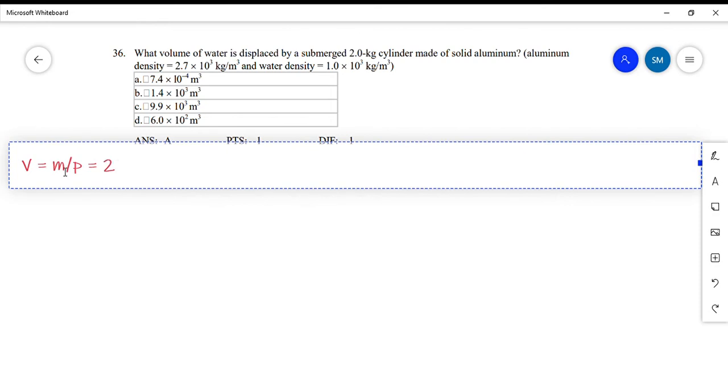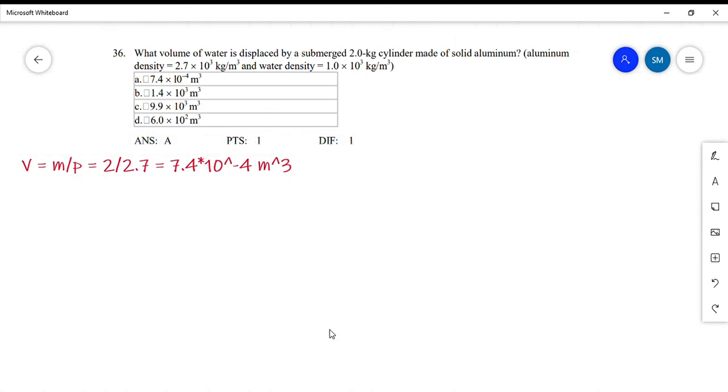The mass is 2 kilogram over the density. This is ρ, not P. It's called rho, a Greek letter. The density of the aluminium is simply 2.7, which gives 7.4 times 10 power negative 4 meter cube. So the answer is A.